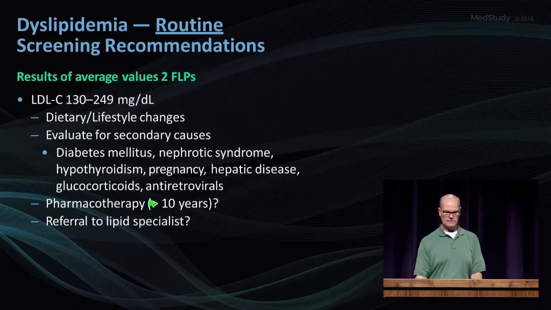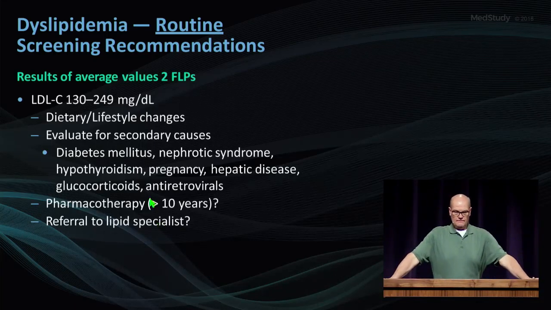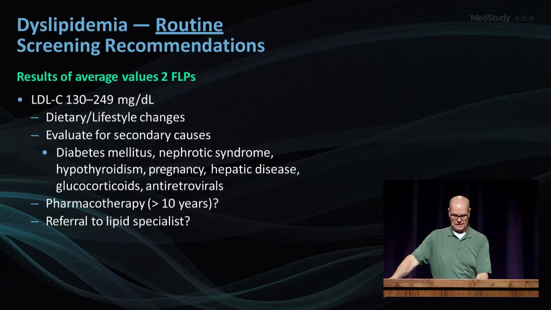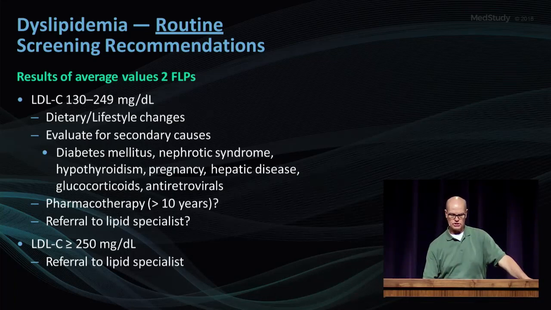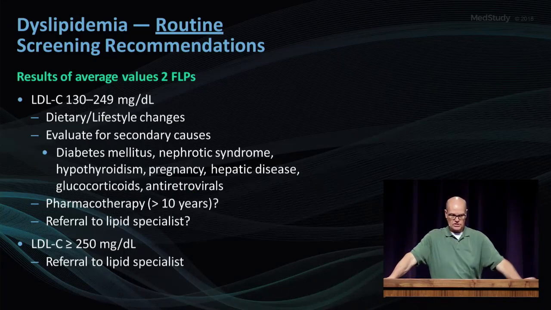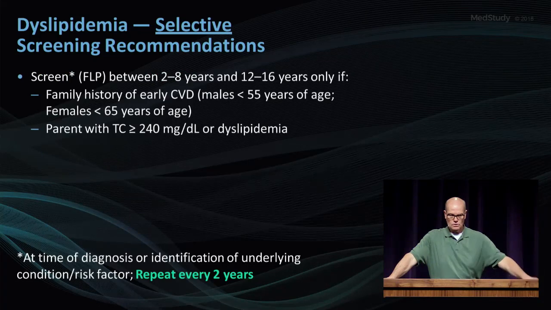Also, remember that the results of those fasting lipid panels should prompt a difference in the answer to the question depending upon what they are. And if they're over 249, that's an immediate referral versus some of this intervention that would be appropriate if the average of the 2 falls into this LDL category.